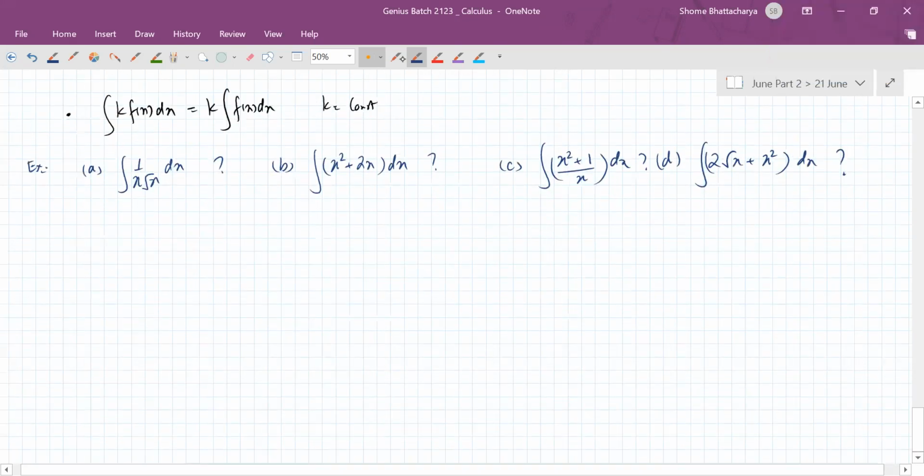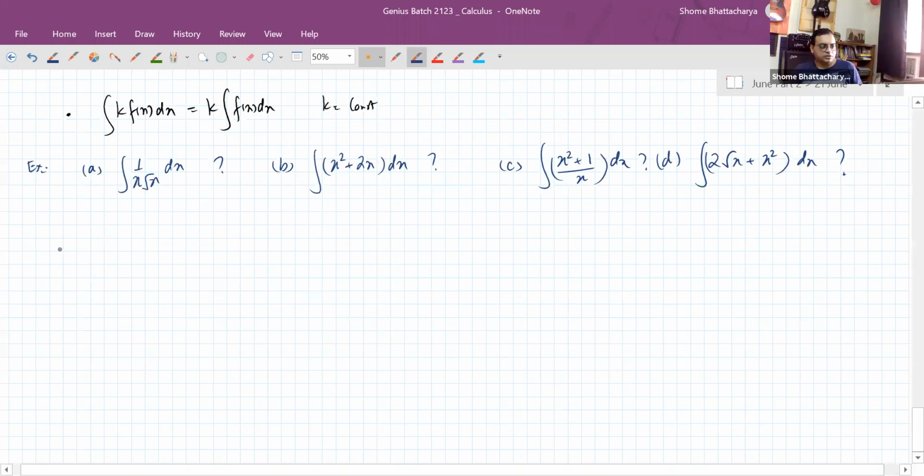Okay, sir. Yeah, so let's look at the answers of this. Many of you have sent me the answers, and they are correct, mostly. So for the first one, we have to just convert it to a single power. So this is x to the power minus 3 by 2. Its integration will become x to the power n plus 1 upon n plus 1 plus c.